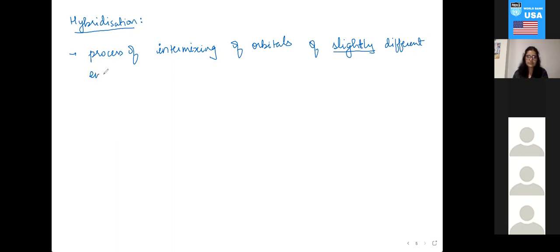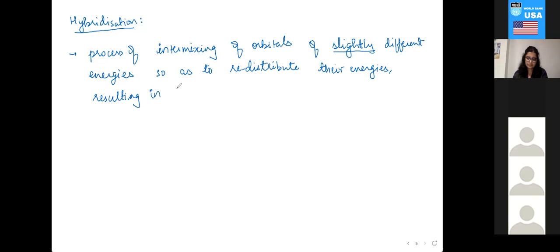Slightly different energies so as to redistribute their energies, resulting in the formation of a new set of orbitals of equivalent energies and shape.